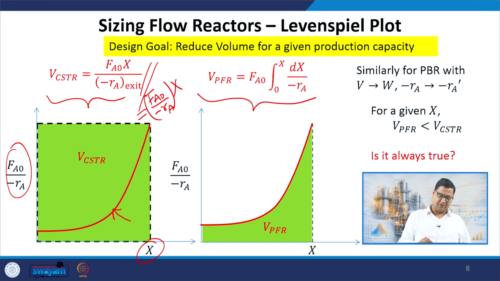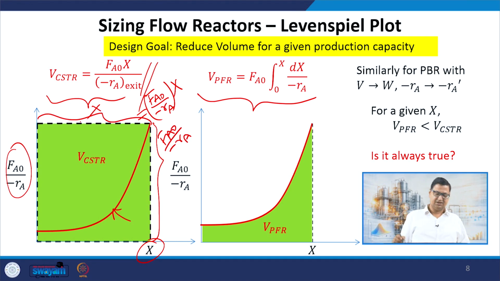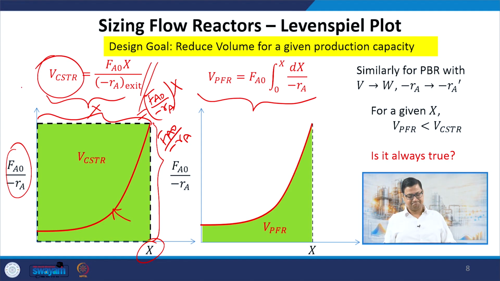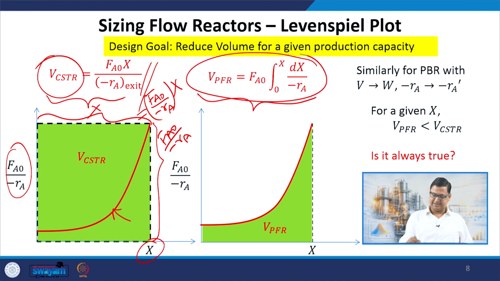And what is Fa naught by minus Ra? Is basically this part of the rectangle. This is my Fa naught by minus Ra, and the width of the rectangle is basically x. So, if I multiply the length by width, we get the area of this, and this area basically gives me the volume of CSTR.